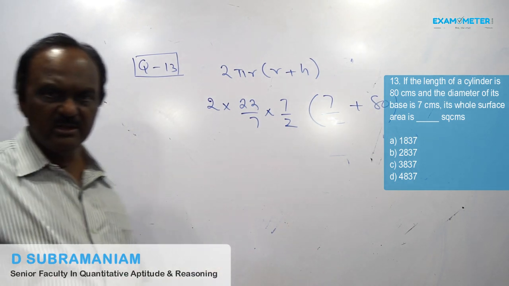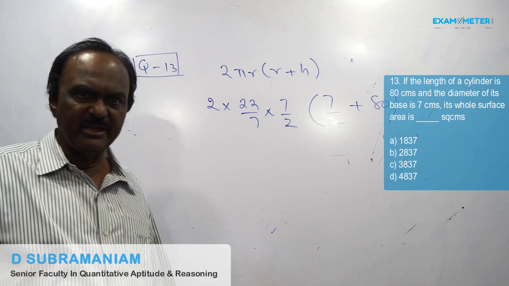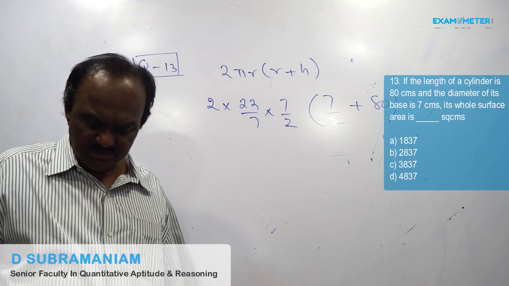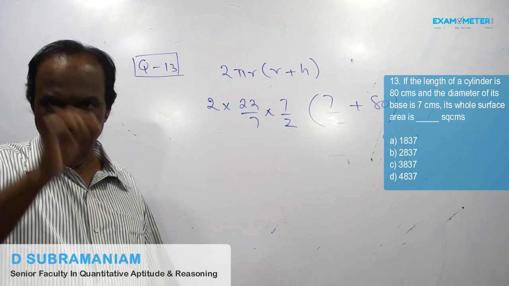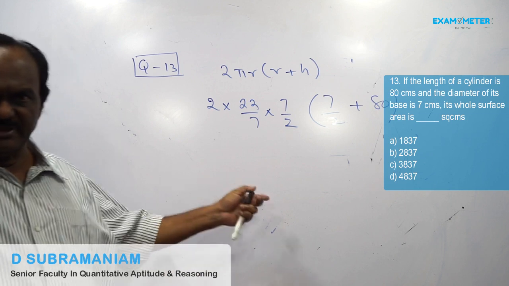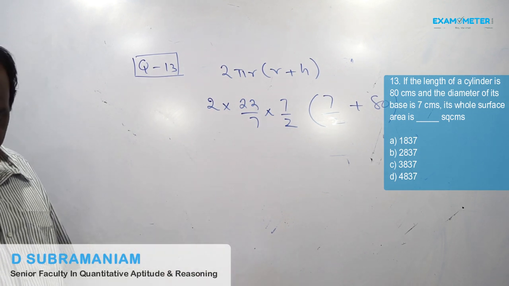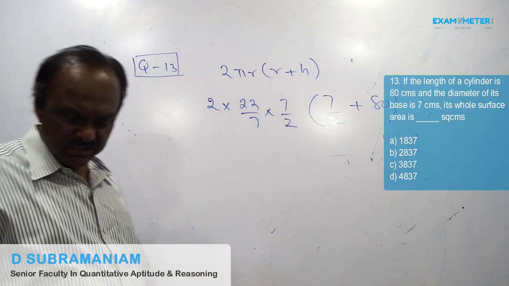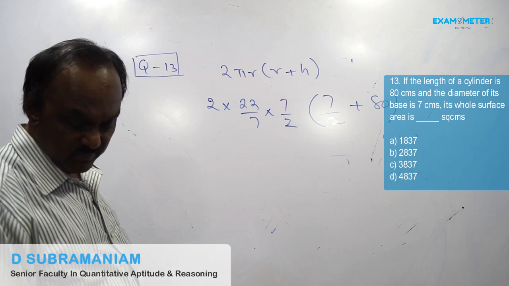If you simplify this, you get the answer as A, that is 1837 square centimeter.